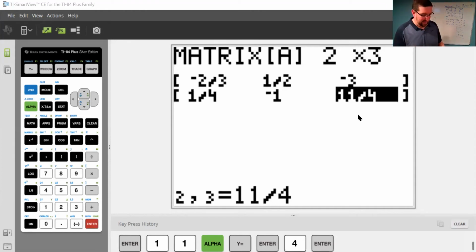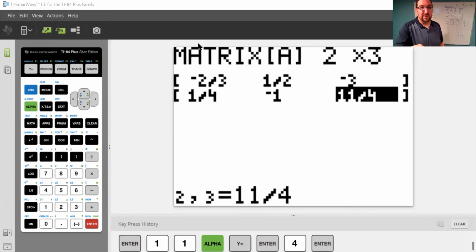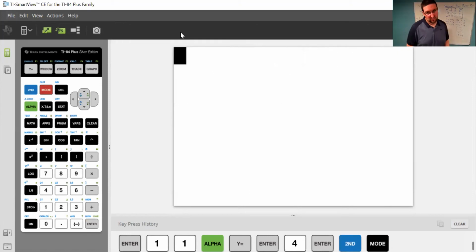So we're going to quit back home by hitting second mode. If I hit second mode, it quits back to the home screen. Make sure your home screen is cleared. If you hit clear, it clears your home screen for you.